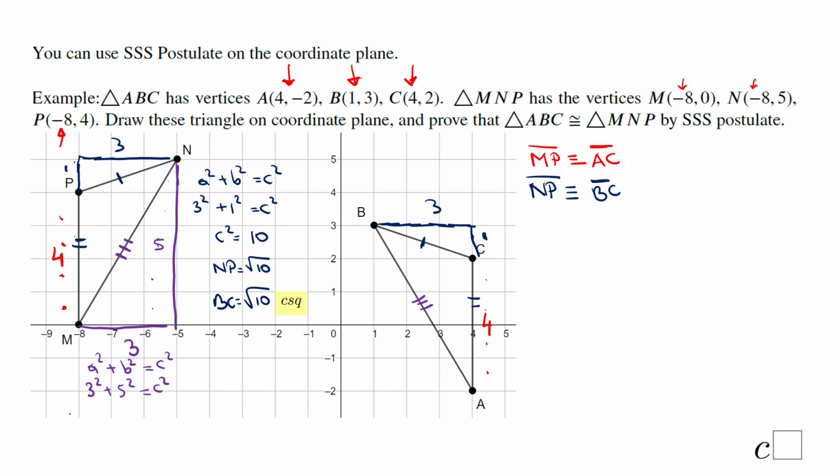So I'm going to have 9 plus 25 equals c squared, and that means c squared will be 34. But see, be careful now, in this case it is MN. So MN is square root of 34. We cannot simplify, leave it like that, and we don't need it also.